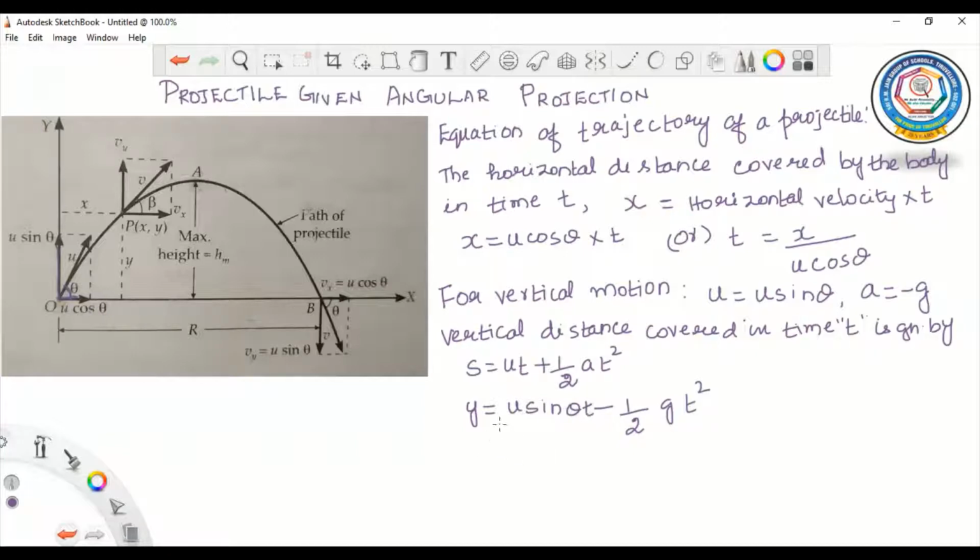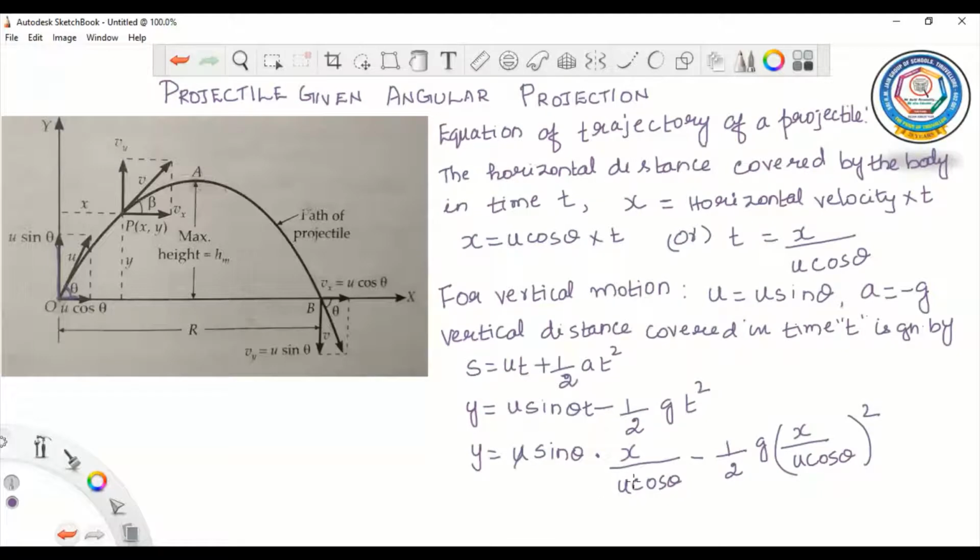Now we are going to substitute the value of t as x divided by u cos theta in this equation. So what will you get now? y is equal to u sin theta into x divided by u cos theta minus half g into x divided by u cos theta, the whole square.